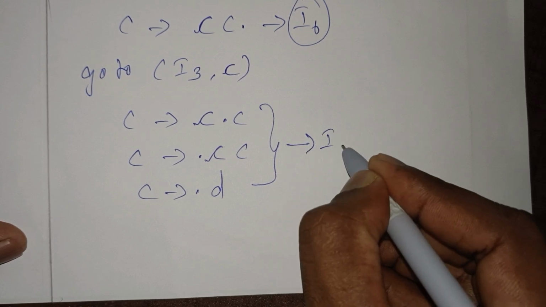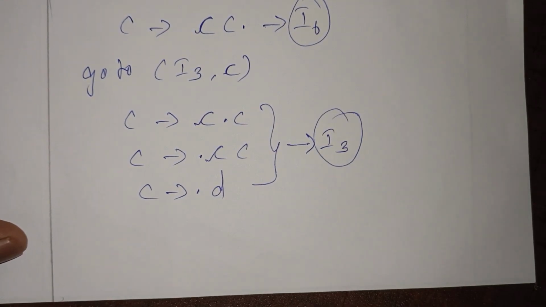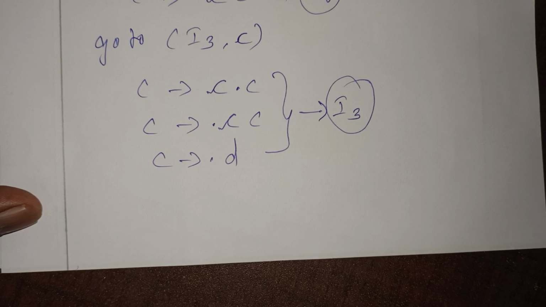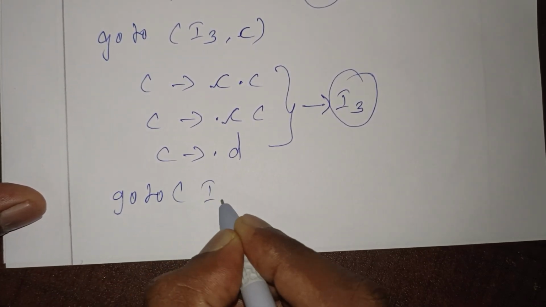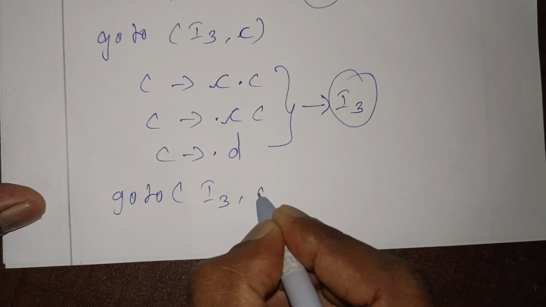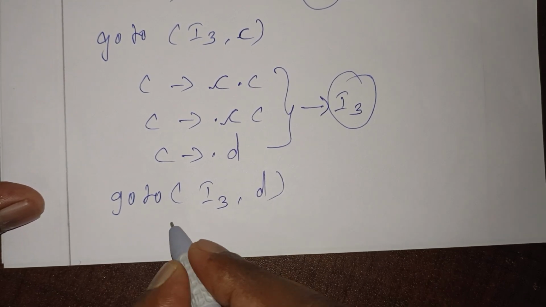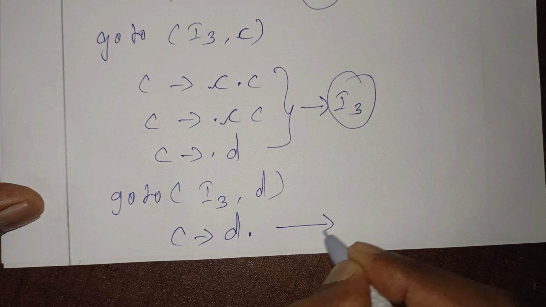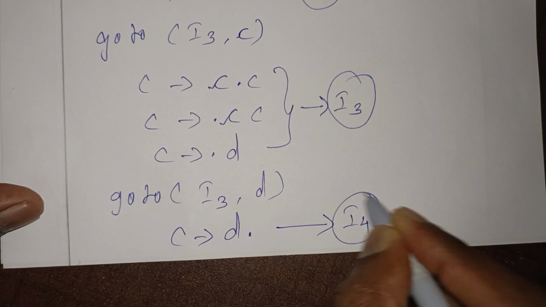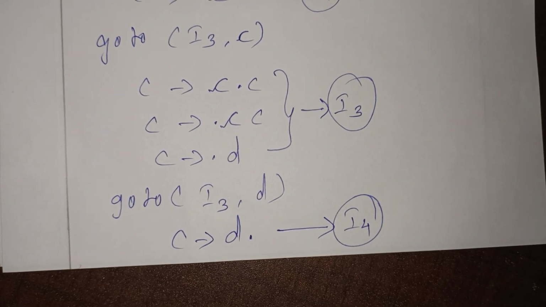This is iteration number 3, so I'm mentioning the same iteration over here. I'm going to the goto function again, goto(I3, small d). So I am using this iteration, D dot. This is also not a new iteration. We got this iteration, and the iteration number is 4.